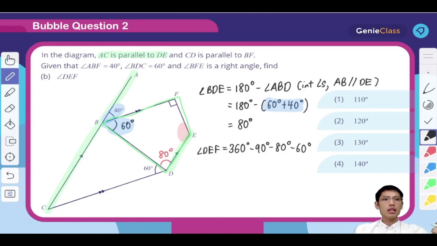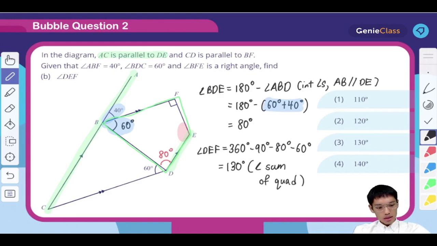And what is the reason here? I am using, which in this case 130 degrees, angle sum of quadrilaterals. So that is the reason why you need to know your properties well, and hopefully this gives a further recap for you all.